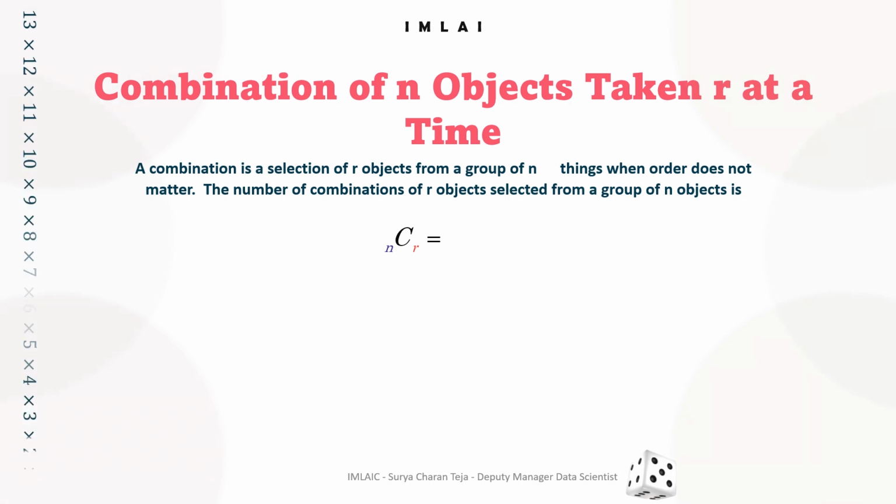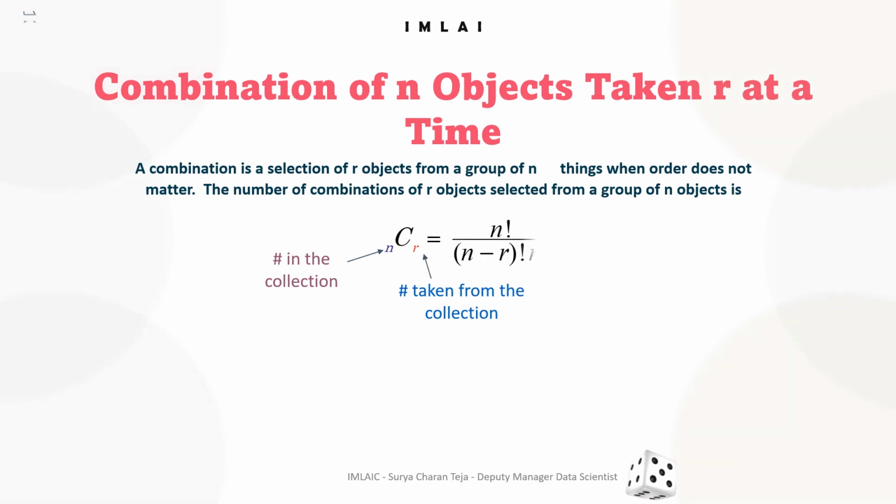Permutation is nPr, and for combination it is nCr. Again, n is the number of objects and r is the number of objects to be chosen, and nCr equals n factorial divided by (n minus r) factorial multiplied by r factorial.